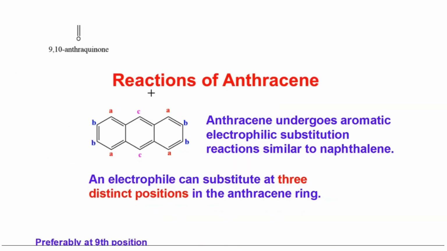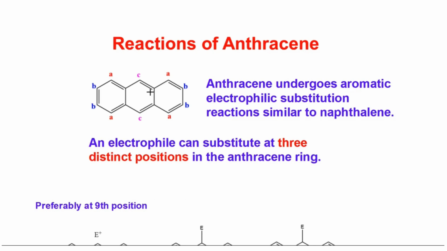Next, we are going to talk about what types of reactions anthracene may undergo. As we learned, anthracene is an aromatic compound. It will undergo aromatic electrophilic substitution reactions similar to naphthalene. Now the question is where the electrophile will get substituted. By observing this anthracene structure, we are getting 3 unique positions.